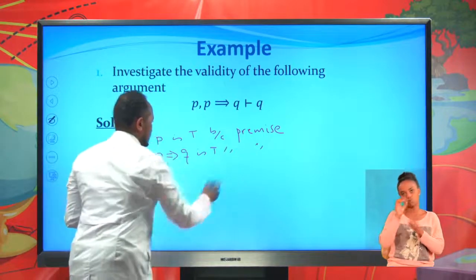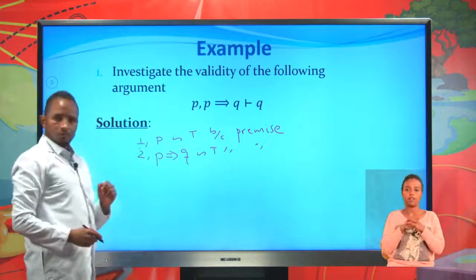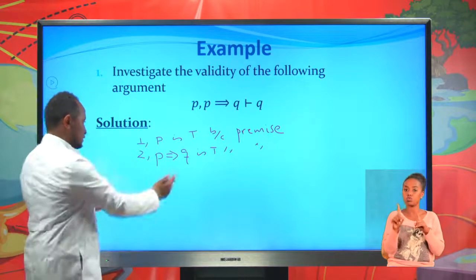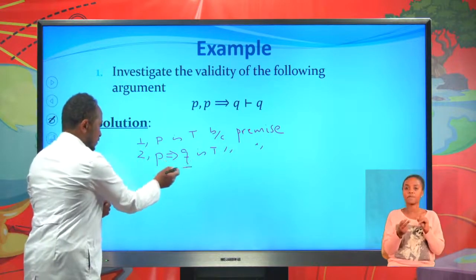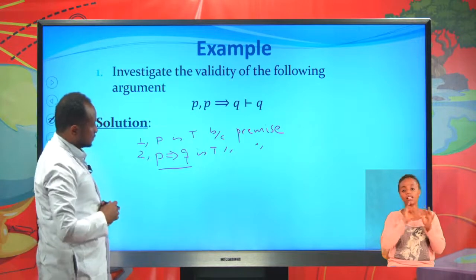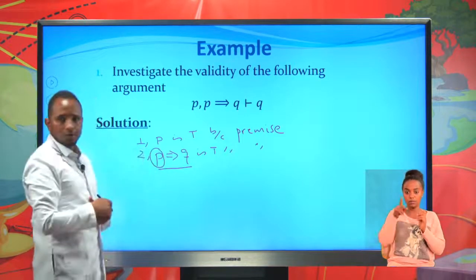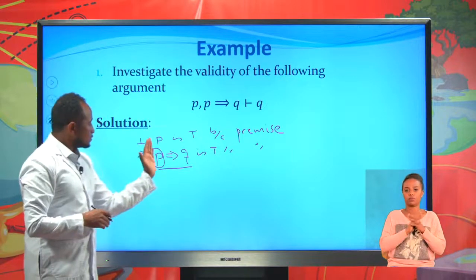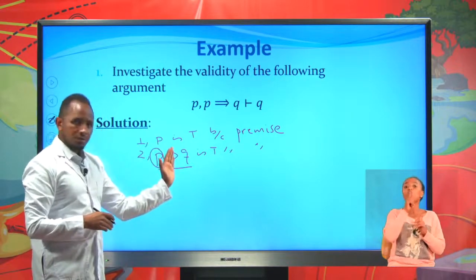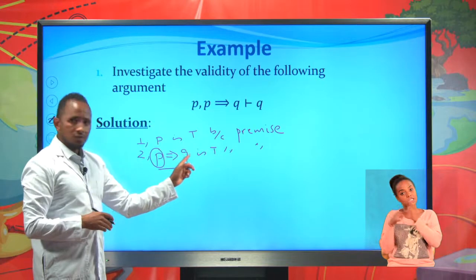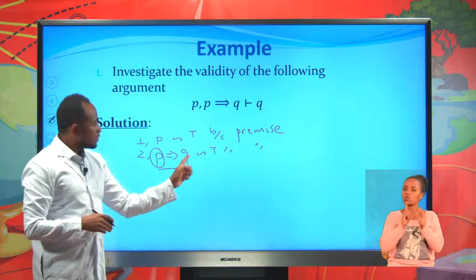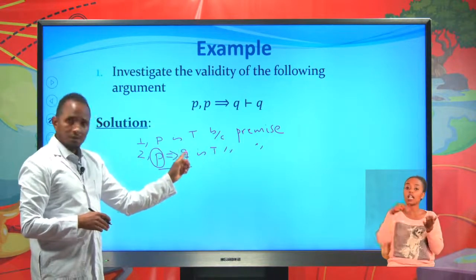So from 1 and 2, you can see that this whole statement is true, and P is also true here. So true implies Q gives you true. So this Q must be true.